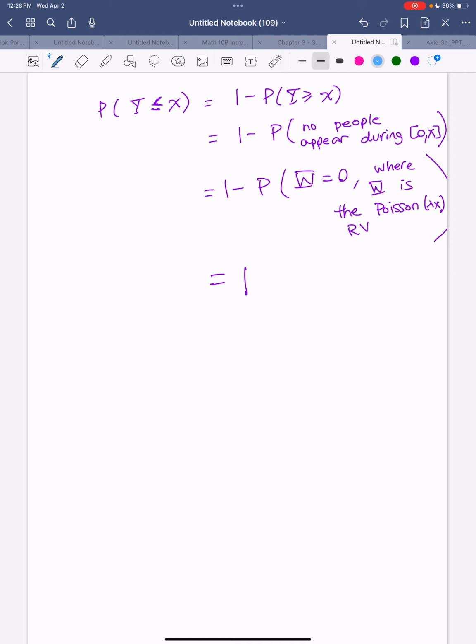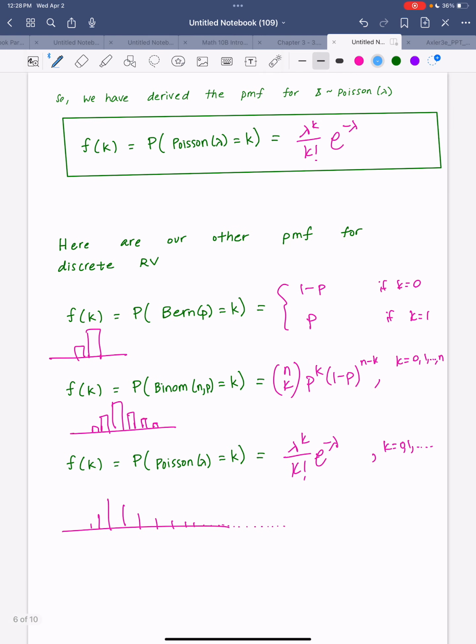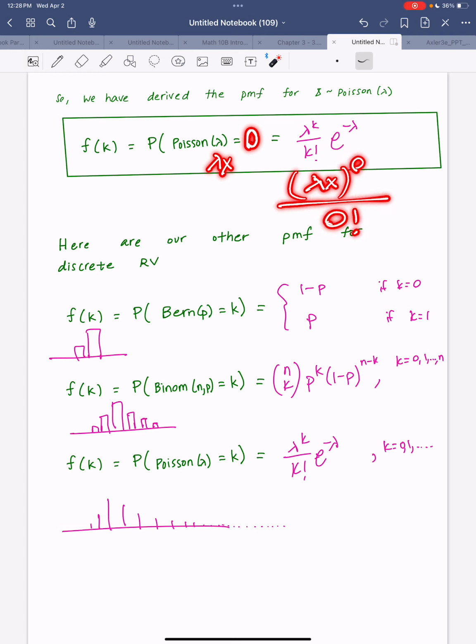So we know that probability from our formula here, right? If our parameter is now lambda times x, and k is equal to 0, we will have (lambda x) to the 0th power over 0 factorial, and then e to the minus lambda x.